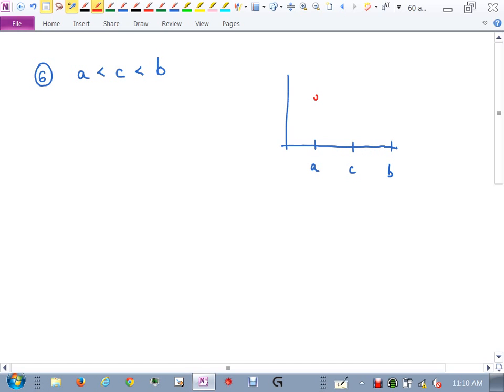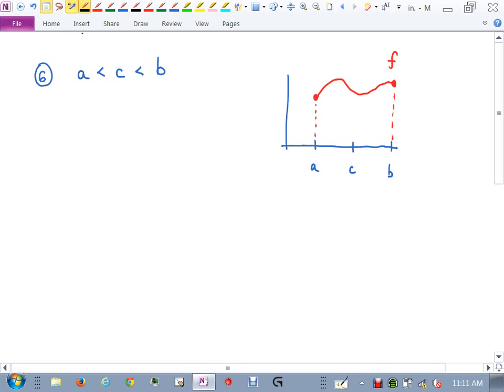Let's say we have a function that does something here, f. Then does it make sense that if you wanted to find the area under the entire function from A to B, you could go from A to C first and then go from C to B, and split it up into two different areas? You could, right? And then add the two answers together? That's what this property says.